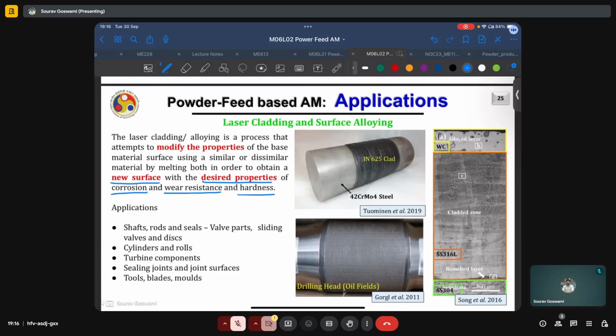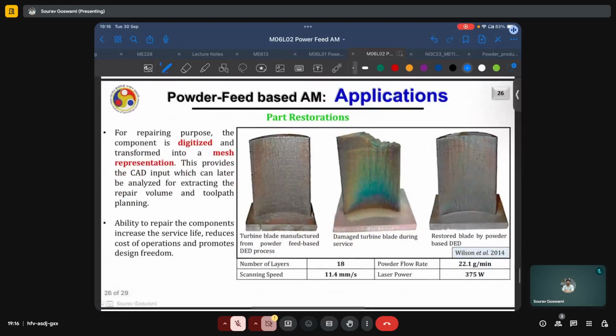The applications of laser cladding and surface alloying are across shafts, rods, and seals, cylinders and rolls, turbine components, sealing joints and joint surfaces, and for tools, blades, and molds. Another very important application of directed energy deposition processes in general and powder feed based DED processes in particular is that of part restoration.